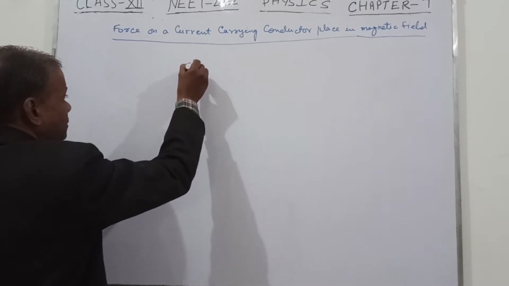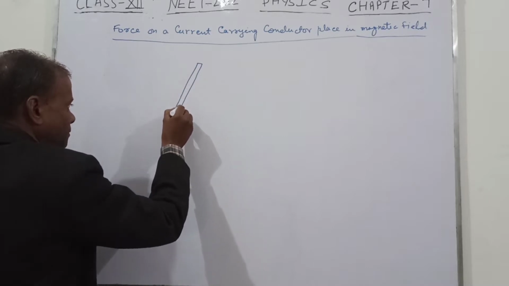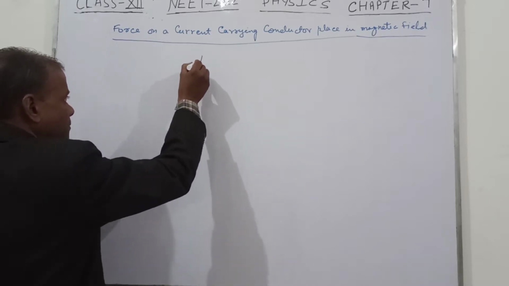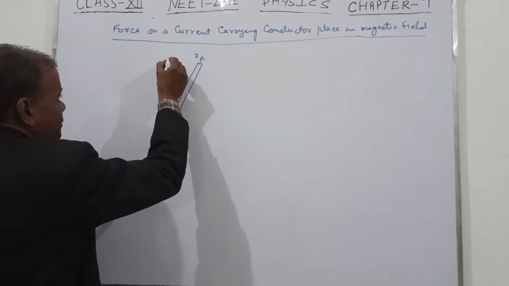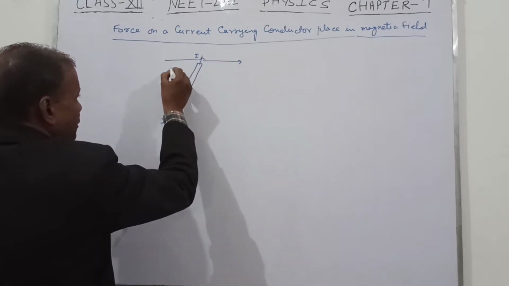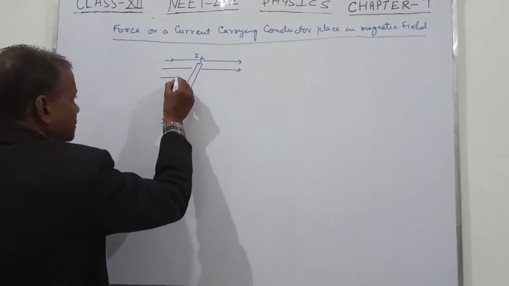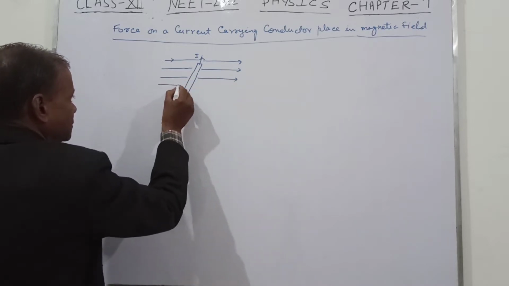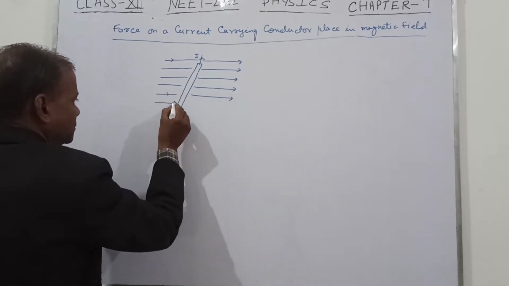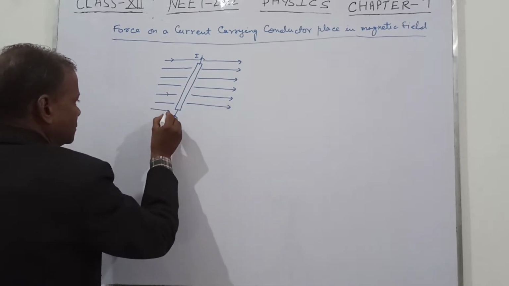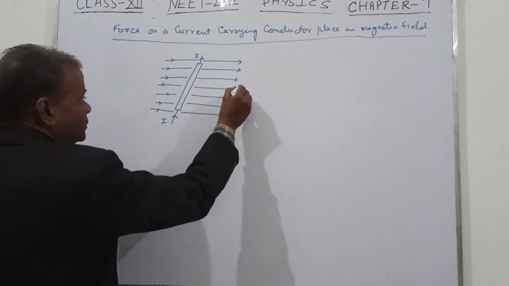This is a current carrying conductor that carries a current I. It is placed in a uniform magnetic field. This is the magnetic field B.